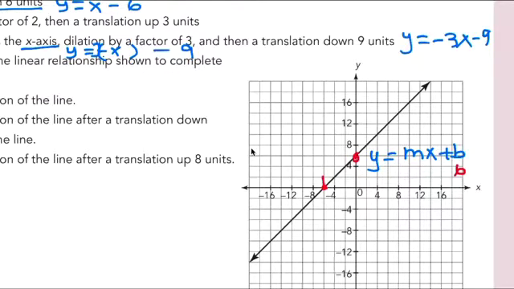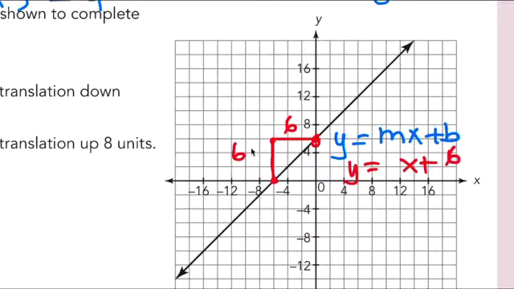So I'm going up 2, 4, 6 over also 6. So 6 over 6, up 6 over 6 is 1 whole. So y equals 1x, or x plus 6. 1 is invisible in math if it's next to a variable. Funny, the 6 looks like a b.